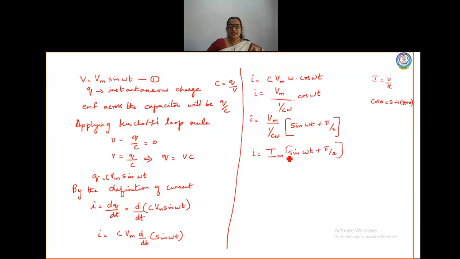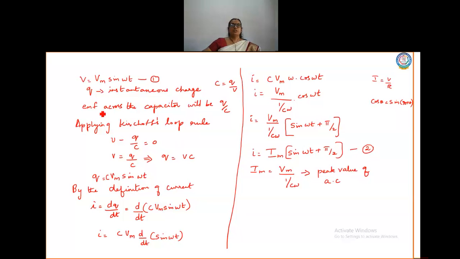So what is this Im? Im is nothing but Vm divided by 1/(Cω), which is called the peak value of AC. Okay, so this is my current equation.